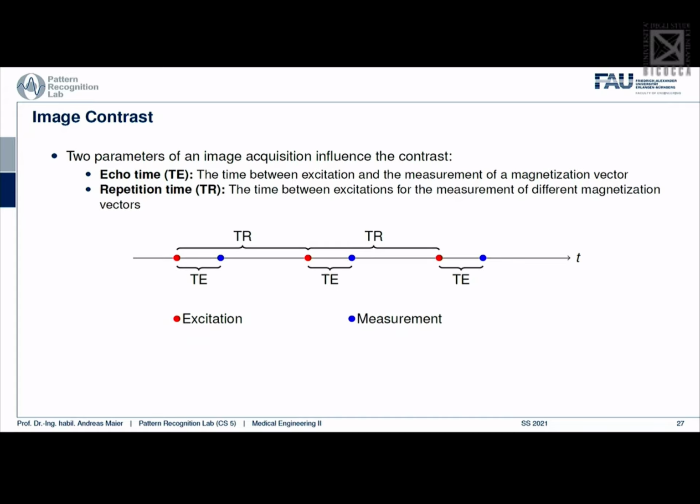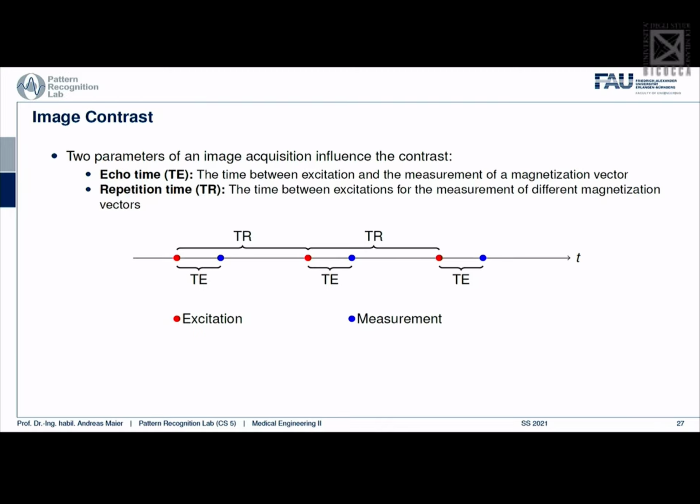How do we exploit them? When we acquire a signal, we can modify on our scanner two parameters. The echo time, which influences when we are going to read the transversal magnetization signal, and the repetition time, which is the time between two subsequent excitations.